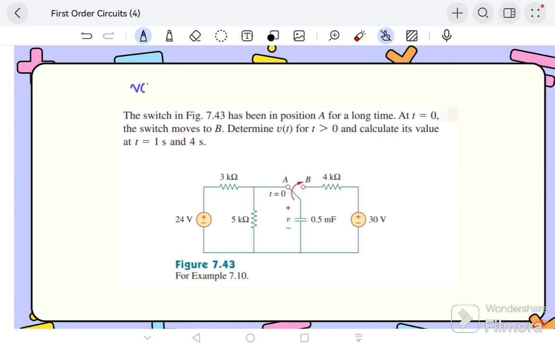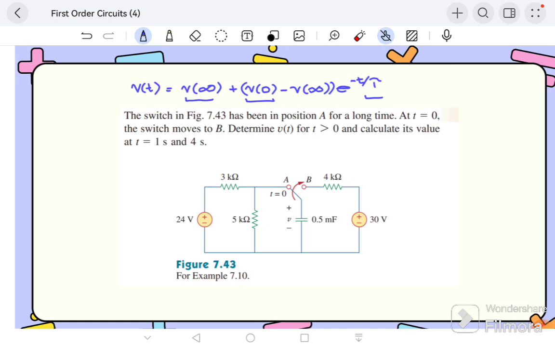Again, V of t equals V infinity plus (V sub O minus V infinity) e to the negative t over tau. Once we have V infinity, V sub O, and tau, then we can write the function V of t. So what we need are V infinity, V sub O, and tau.